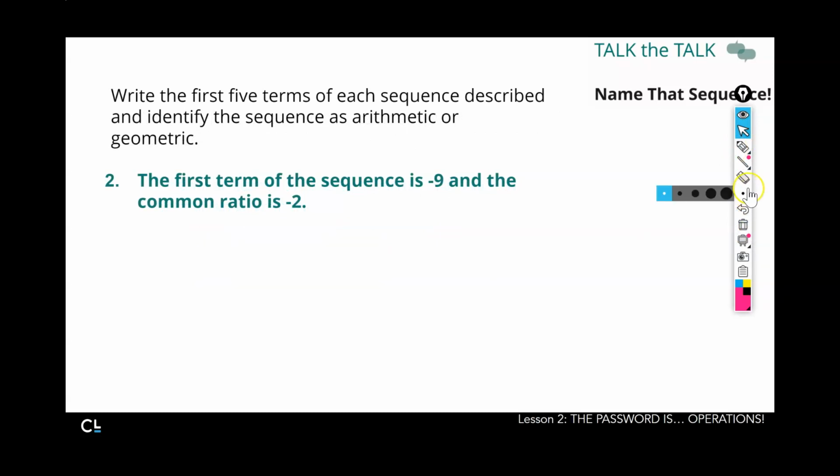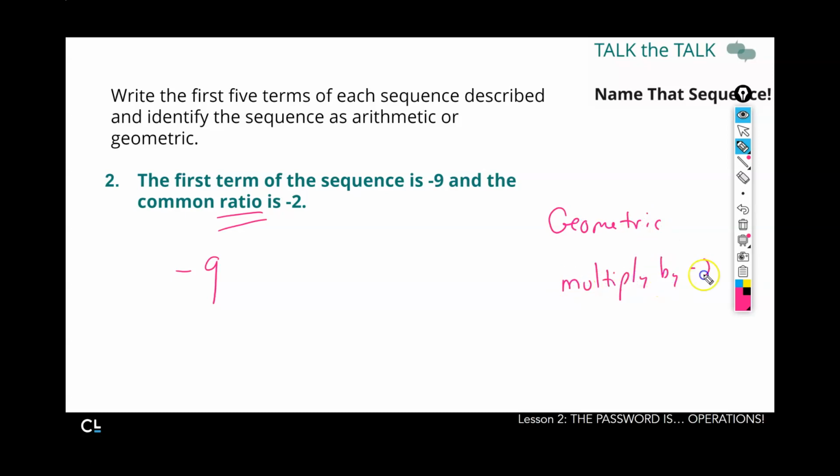Number 2. The first term of the sequence is -9. The common ratio, so now I know it's geometric. That means I'm going to multiply by -2.